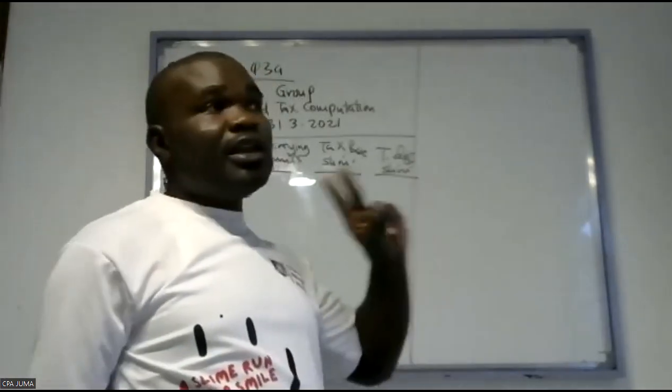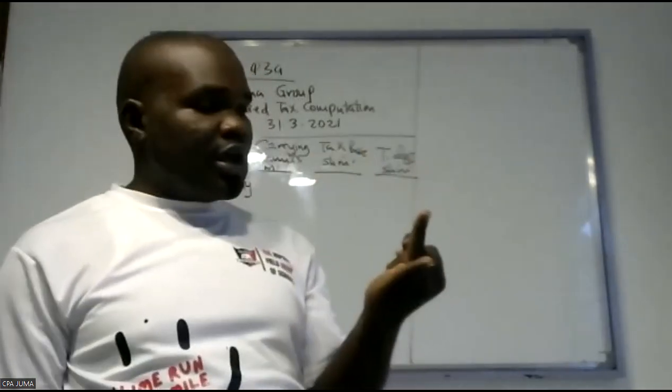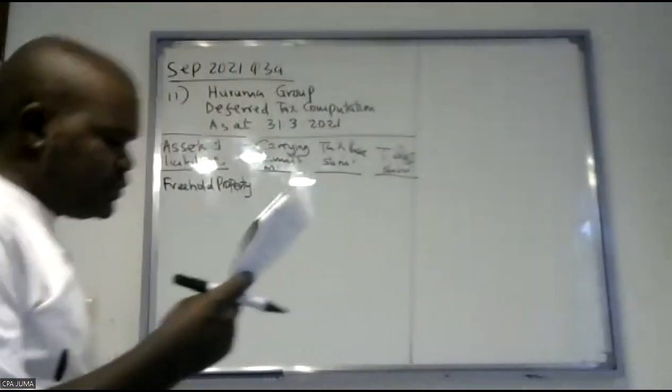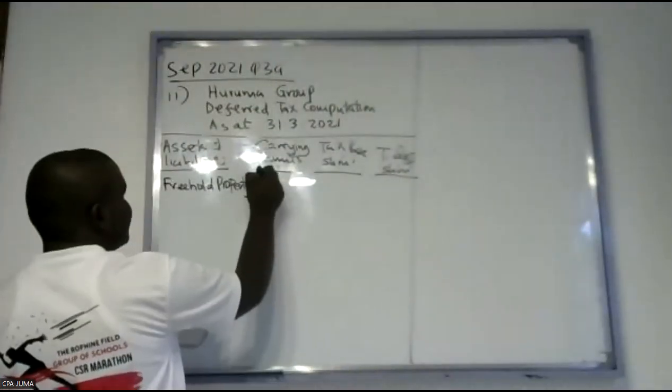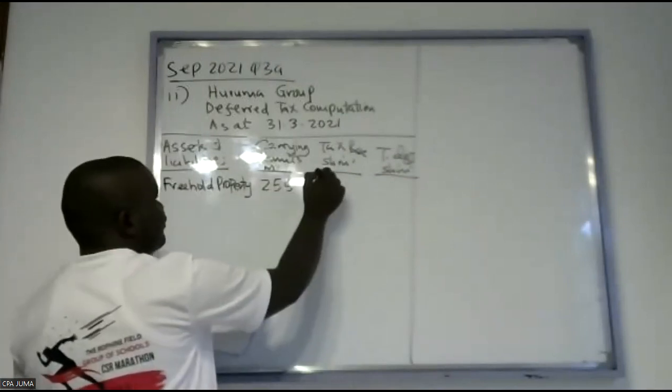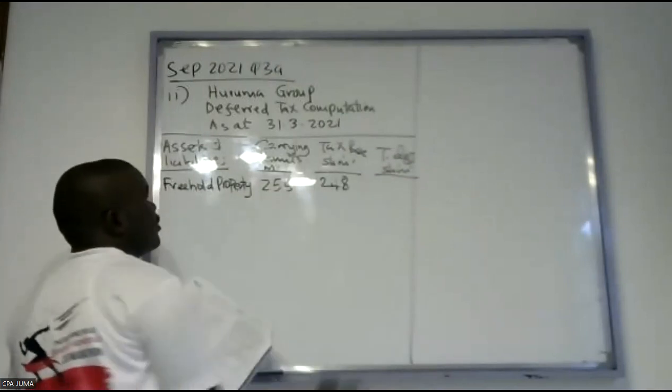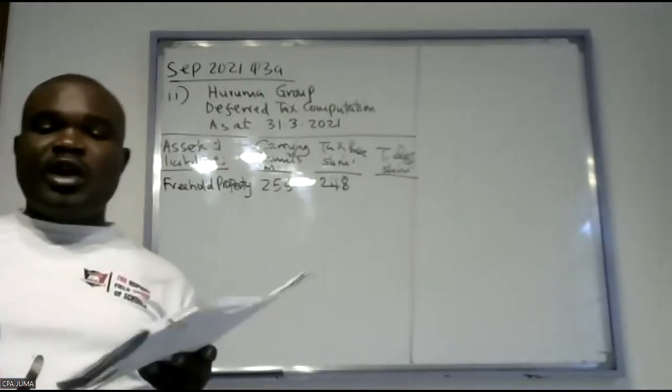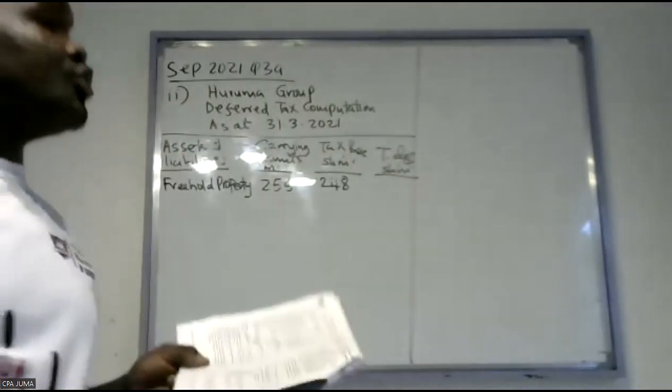Because immediately you have fair value and carrying amount, though they never mention the carrying amount, the market value always takes over, supersedes the book value, and becomes the true value of the asset. So fair value becomes the book value, which is 256. And the tax base is 248. Therefore, the temporary difference for the group there should be 8.